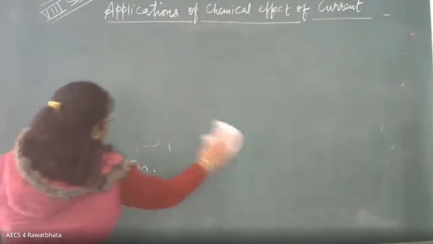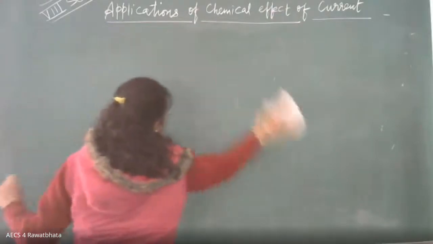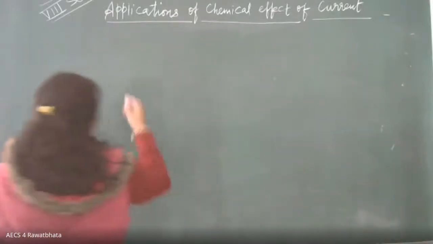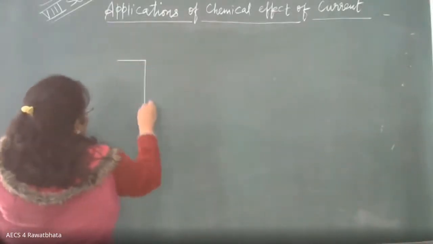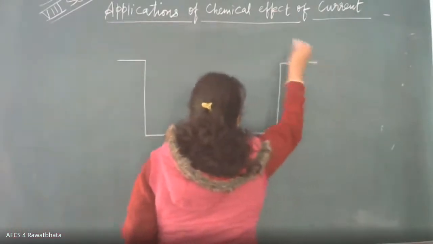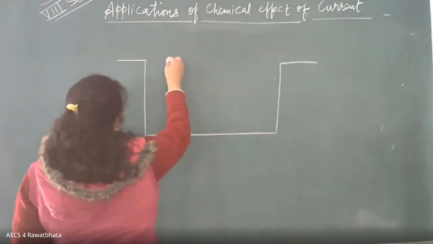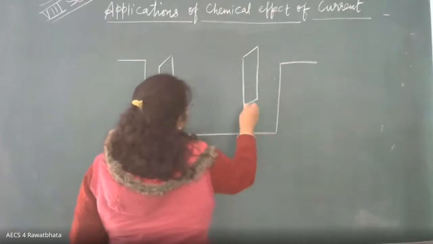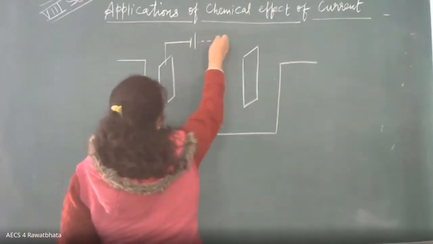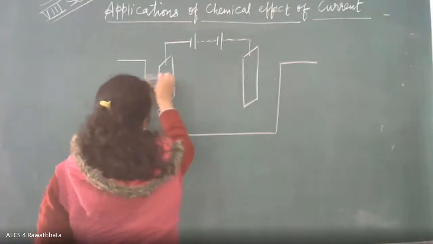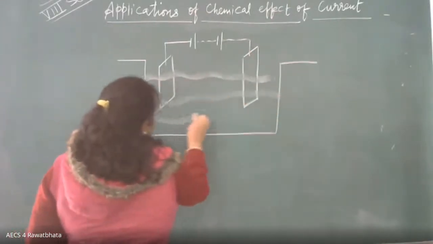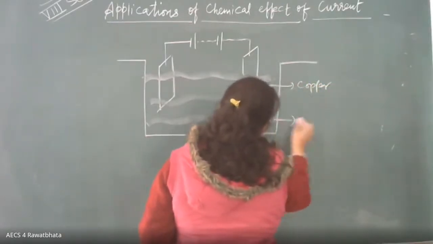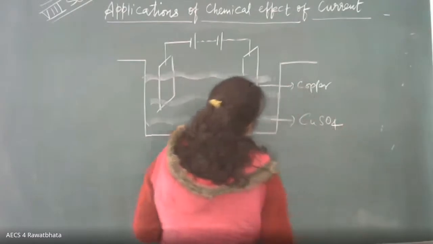Okay, so regarding electroplating, for example, it is copper, and here we have taken copper sulfate.